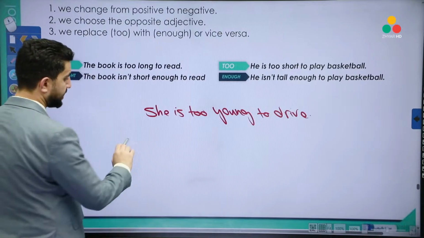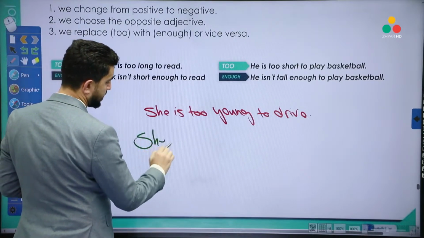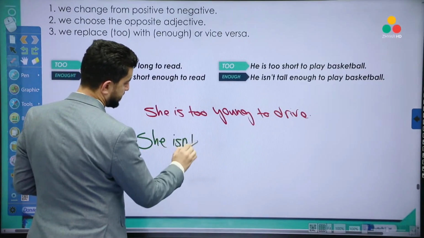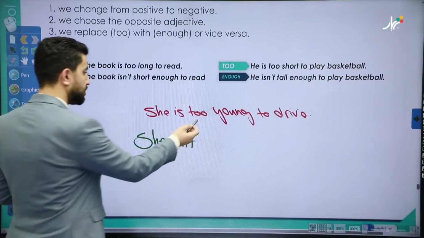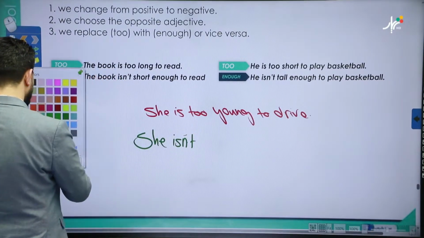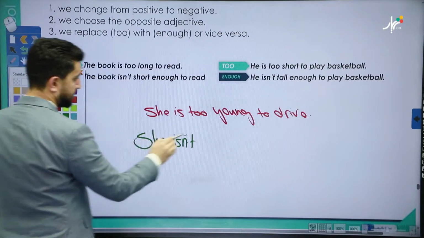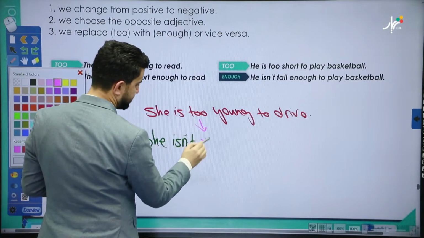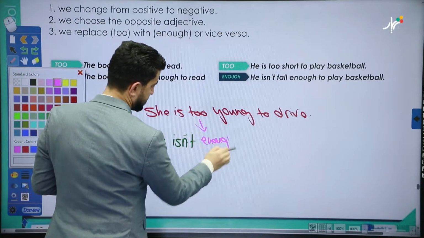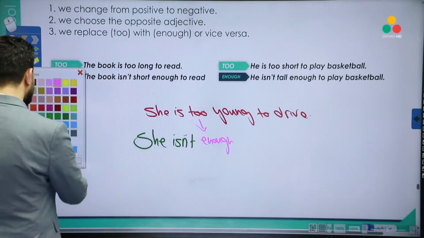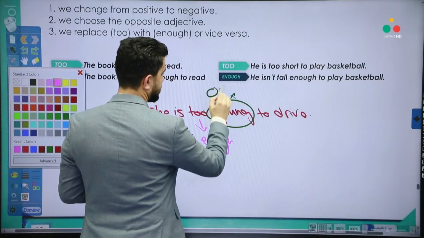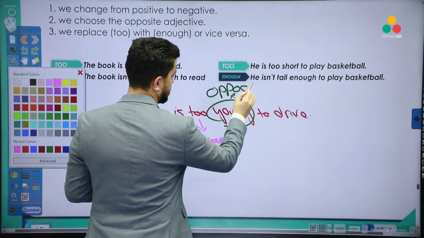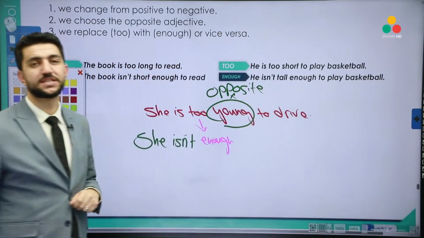The first thing we say, she isn't. We change it to negative. This is the first thing. The second thing, we change "too" to "enough". The third thing, we change this one to the opposite. What's the opposite of young?